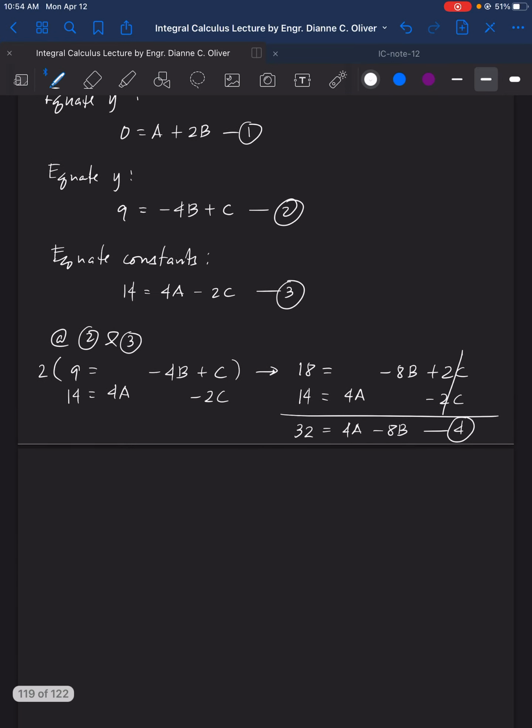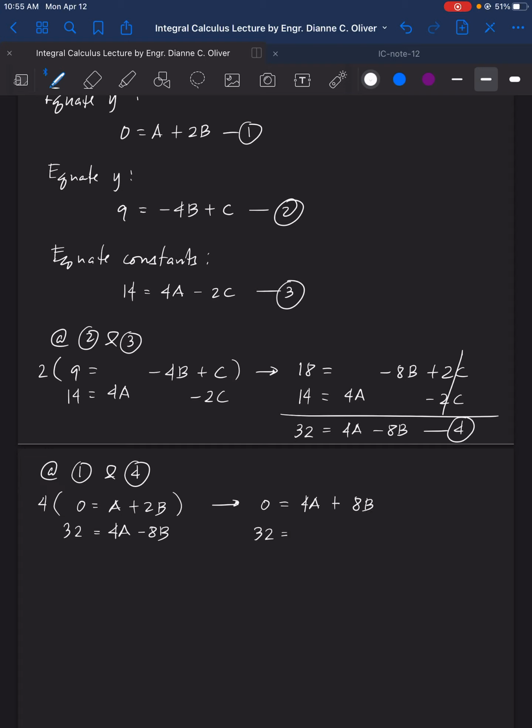Now to eliminate B, we will concentrate on equations 1 and 4. So at equations 1 and 4, we have 0 equals A + 2B, and then 32 equals 4A - 8B. Multiply equation 1 with 4. So we have here 0 equals 4A + 8B, then 32 equals 4A - 8B.